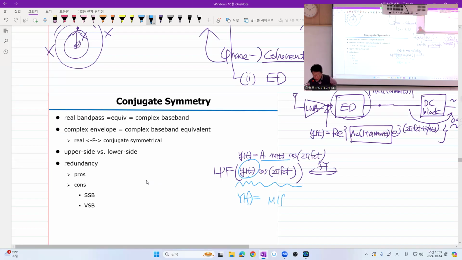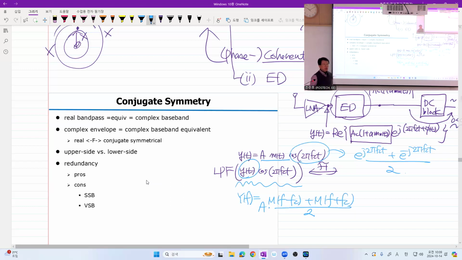So Y of f equals what? M of f minus fc plus M of f plus fc divided by 2, times A. Because cosine is what? E to the j 2 pi fc t plus e to the negative j 2 pi fc t divided by 2, which is a kind of Euler's identity written in the other way, right?